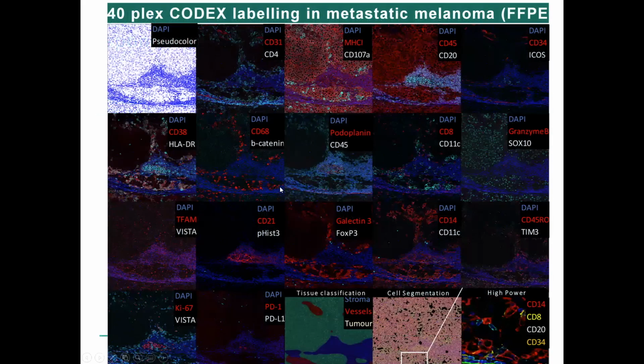So as a path group, we're really interested in getting high quality images, and we found the majority of the markers work very well, and we get images that we're used to seeing with other technologies such as Opal or any of the other immunofluorescent technologies. So we're quite confident with the staining we're getting, and we're able to perform accurate tissue segmentation, cell segmentation, and then export the FCS files for subsequent analysis.